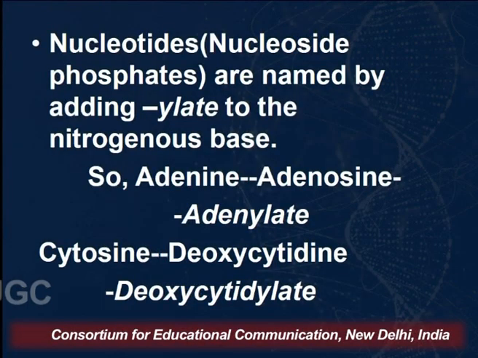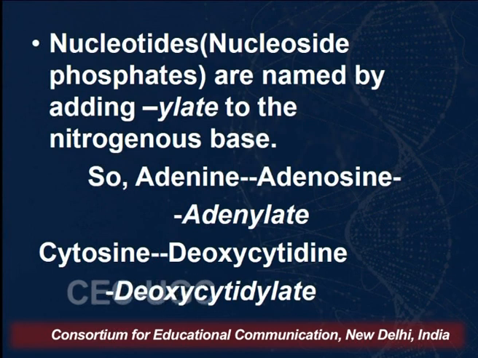But you have to remember that the generic or common names of nucleotides are more popular and they are normally used because they are simple. As I'll repeat again, a nucleotide is a nucleoside phosphate. So how do we name them? We will name them by adding ylate to the nitrogenous base. If you remember, the common name for the nucleoside was adenosine if the base was adenine.